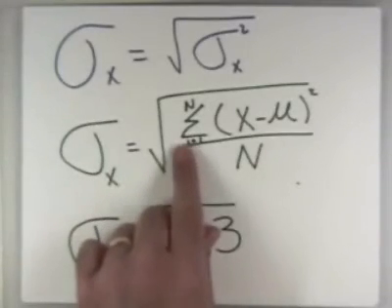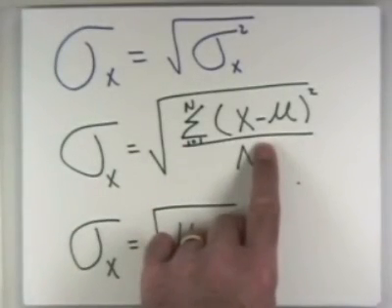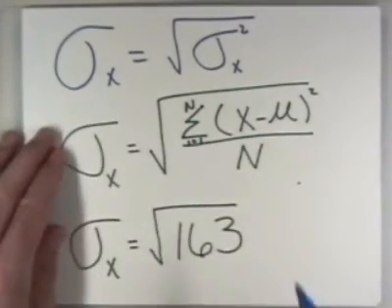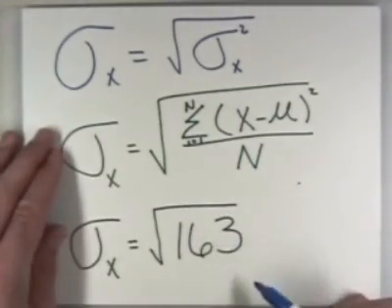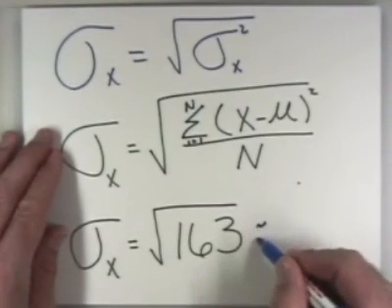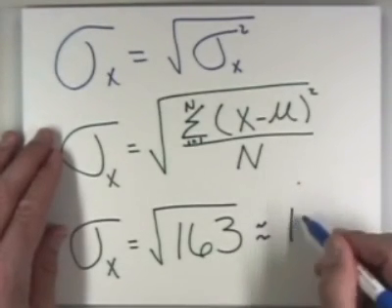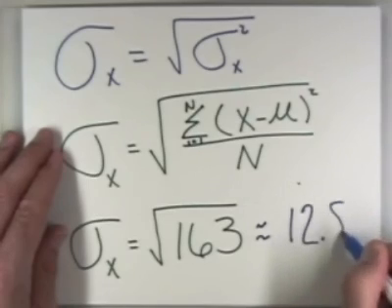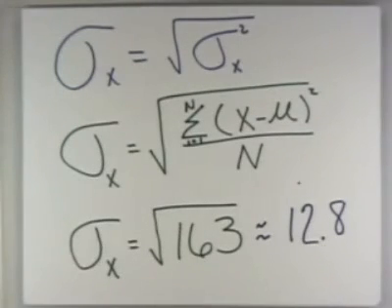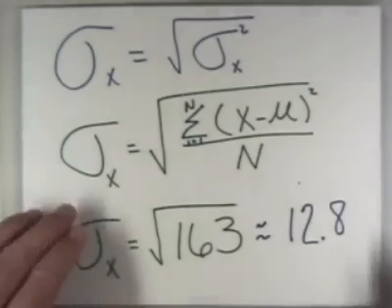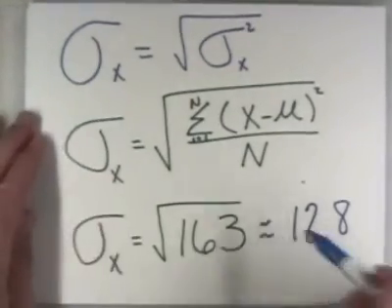And we have the square root of the average variation, or the variance. So if you remember, we had gotten 163. If we approximate here, this would be 12.8. This would be the true standard deviation, a measure of the variability from the mean.